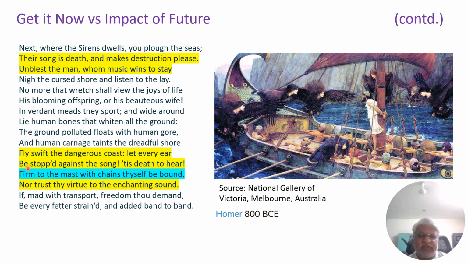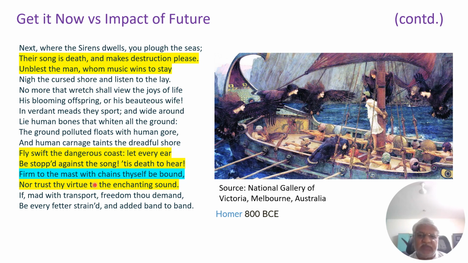She also mentioned, fly swift the dangerous coast, let every ear of the men be stopped against the song. That means she was telling him to somehow get their ears tied so they will not be able to hear anything. If you see here, their ears are tied with cloth. And only his ears were open so that he can listen to the siren sounds and the musical instruments they play.